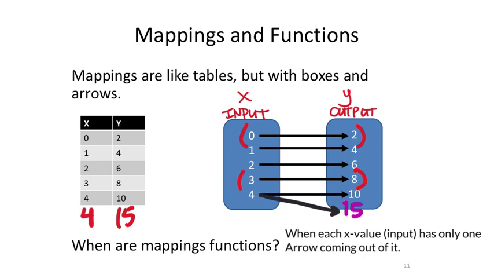And keep in mind that where it points doesn't matter. If I change this 15 into a 4, the arrows can cross like this, but the arrows crossing doesn't matter. It's how many are coming out of your inputs in the left column.